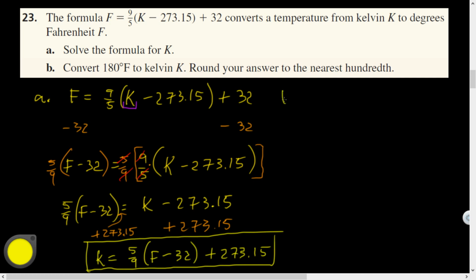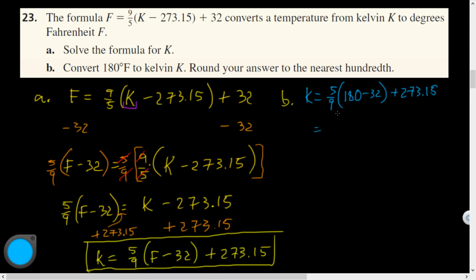Let's do part B here real quick. So Kelvin will equal 5/9. We're trying to convert 180 degrees Fahrenheit to Kelvin. 5/9 times parentheses 180 minus 32, plus 273.15.